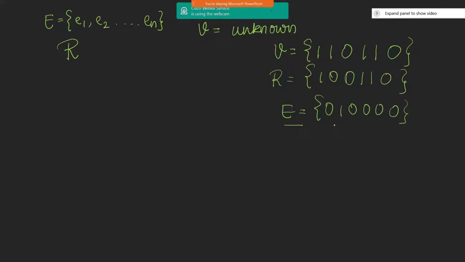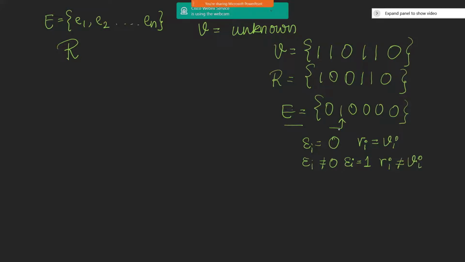By looking at this error pattern, wherever it consists of 0, that means the received bit is the same as the code word bit Vi. If the error bit Ei is not equal to 0, that is, if it is equal to 1, this gives a 1 only when the received bit Ri is not equal to the code word bit Vi.